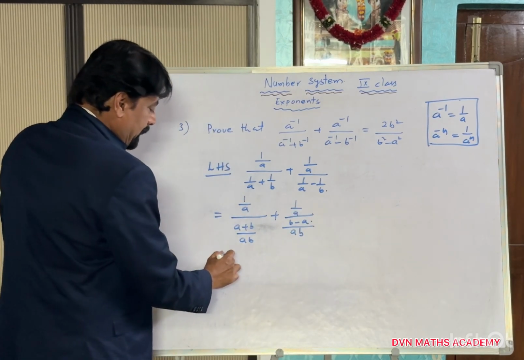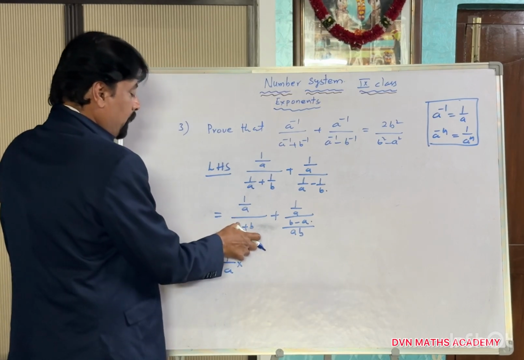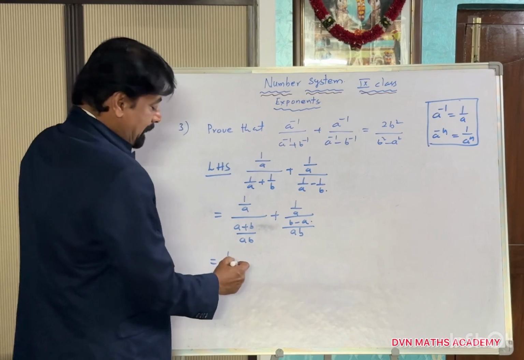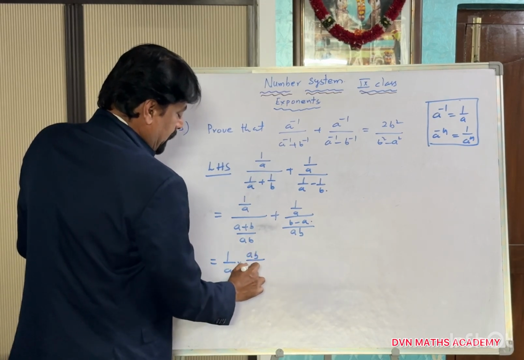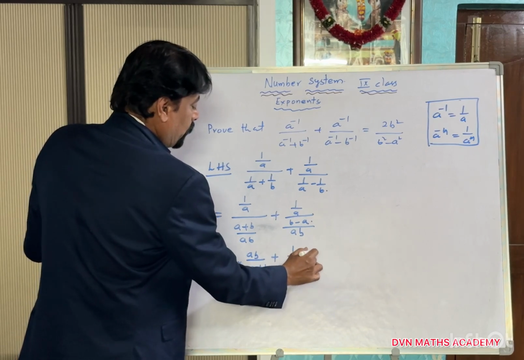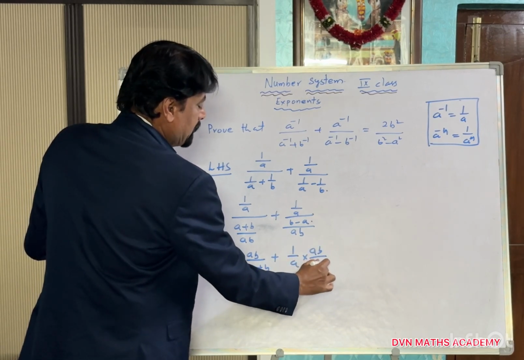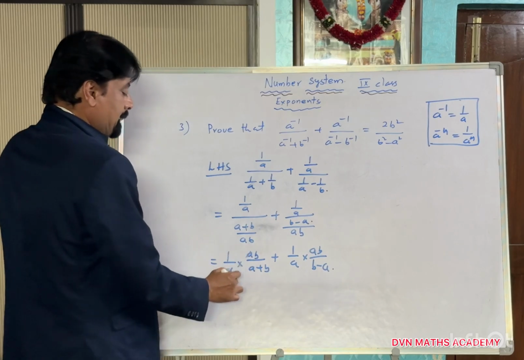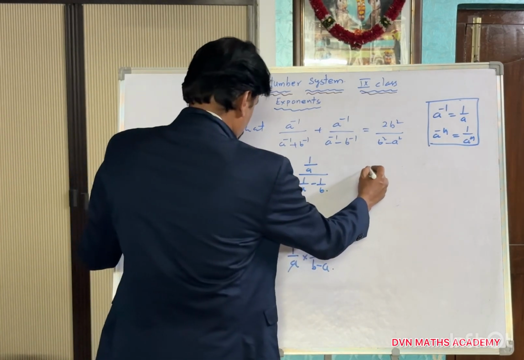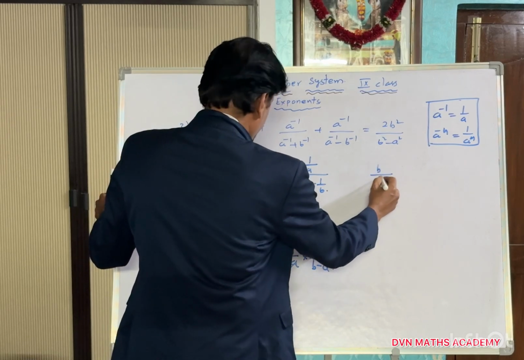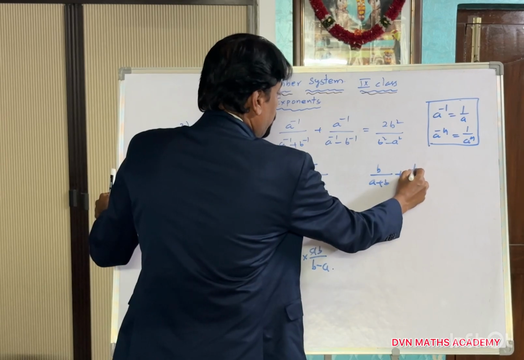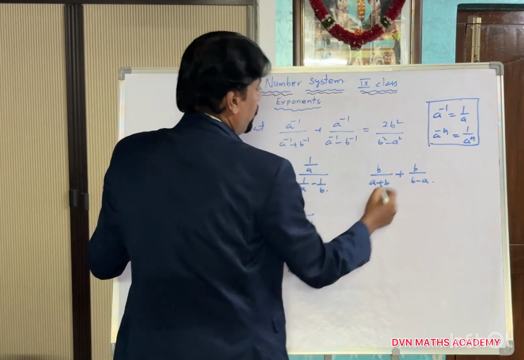And if I write this step, 1 by a, the numerator, the denominator will come like this, multiplication, it will become reciprocal, that is ab by a plus b plus 1 by a into ab by b minus a. Now a cancels and a cancels, then it becomes ab by a plus b plus b by b minus a.